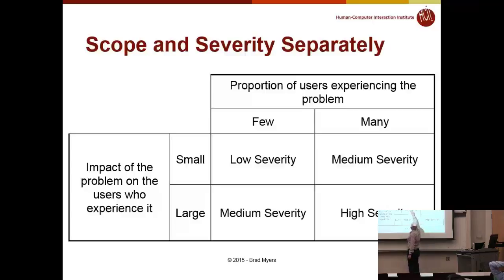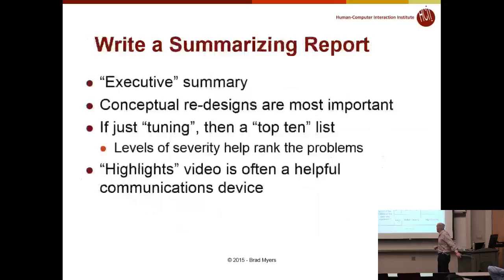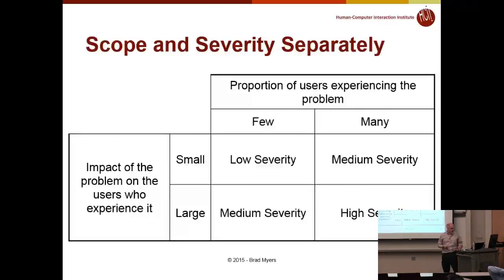Things that are really low severity and not in many places, maybe you won't fix. But if something is everywhere, even though it's a small problem, because it exists in so many places, you might as well go ahead and fix these too, because lots of people are going to notice them all over the place rather than just occasionally.